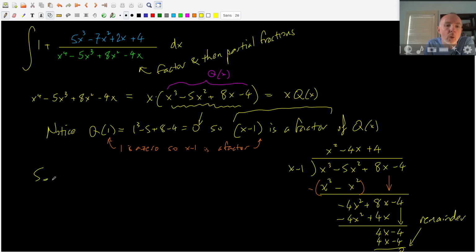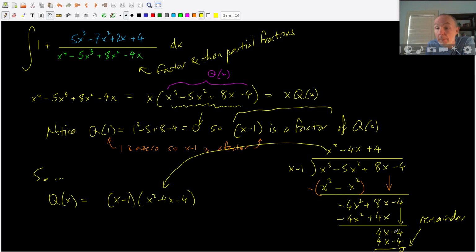So what we've shown here is that q of x itself can be factored into the factor x minus 1, and then this piece. And this piece is x squared minus 4x minus 4, and then plus 0, but I don't care about the 0. But the whole denominator had an extra x in it, so the whole denominator is x q of x. So here's the whole denominator. I'm almost done, right?